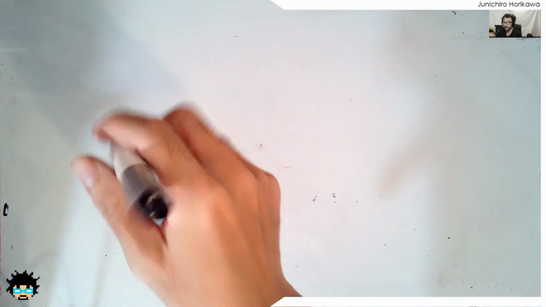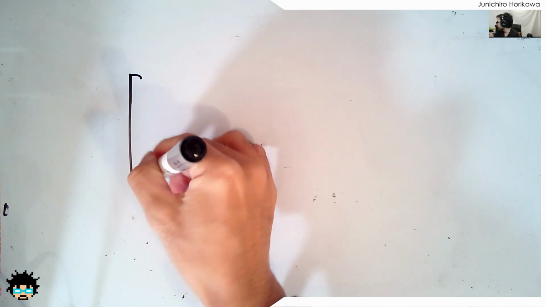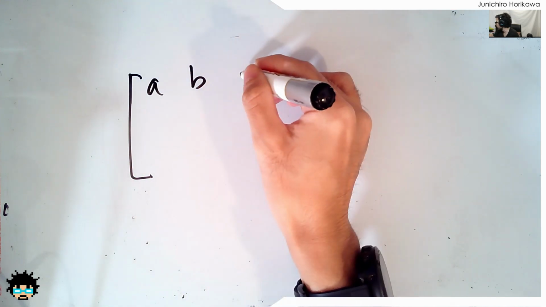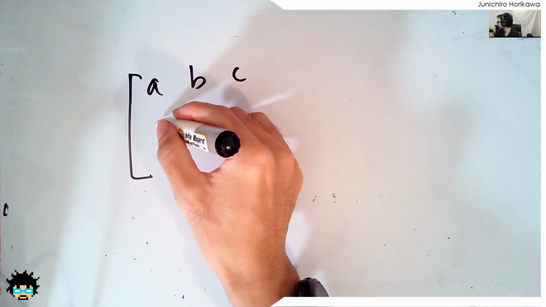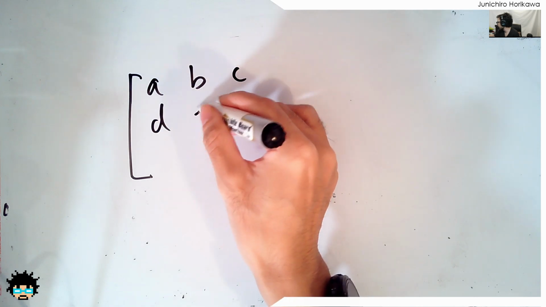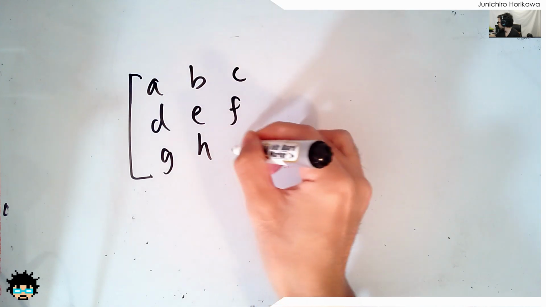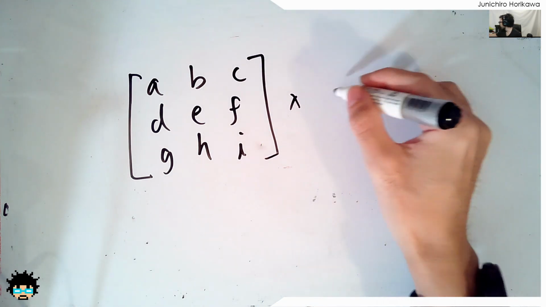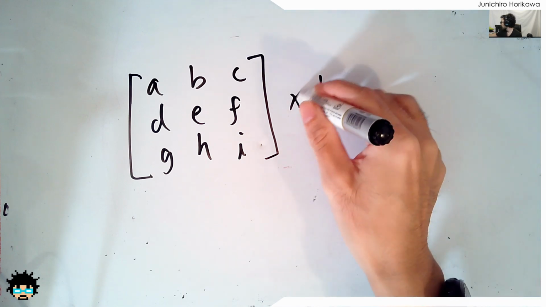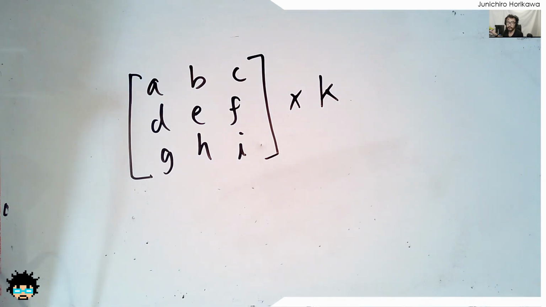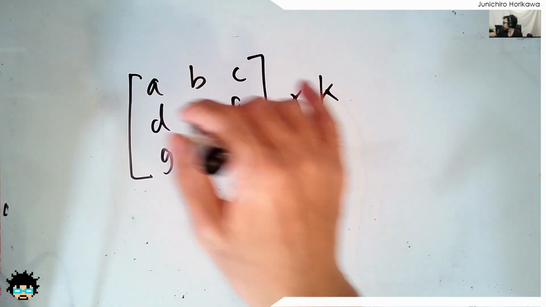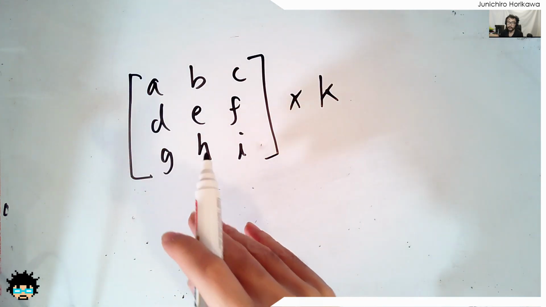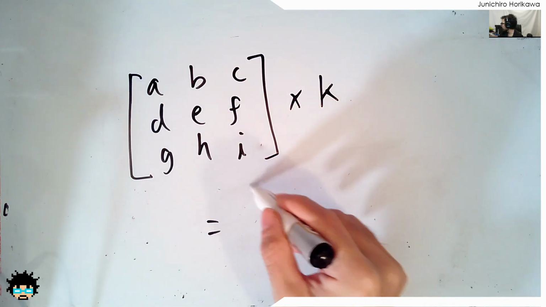First of all, let's look at the multiplication between a matrix and a scalar value, which is pretty simple. Let's say you have a 3 by 3 matrix that looks like this, and you have a scalar value like k. What you're going to do is multiply this k value with every element inside the matrix. So it looks like this.